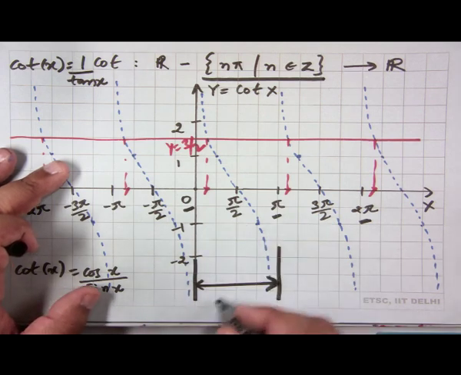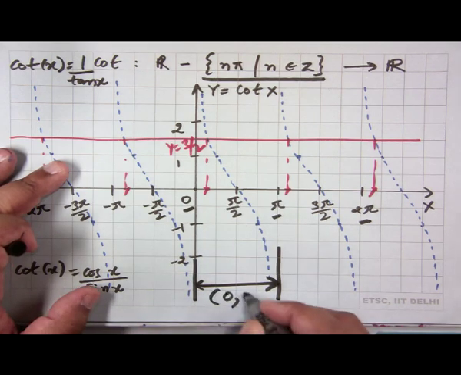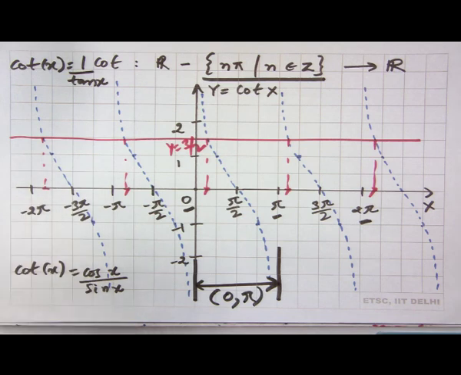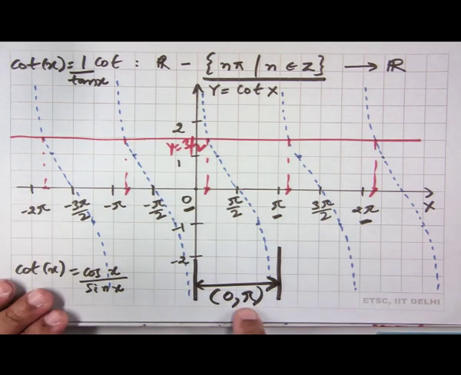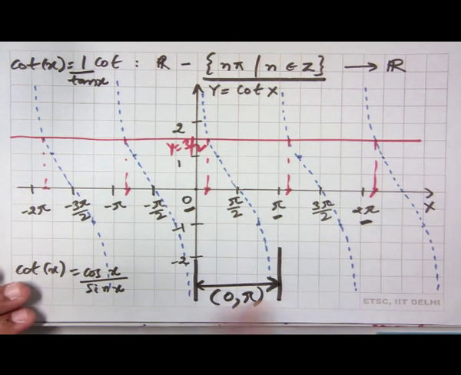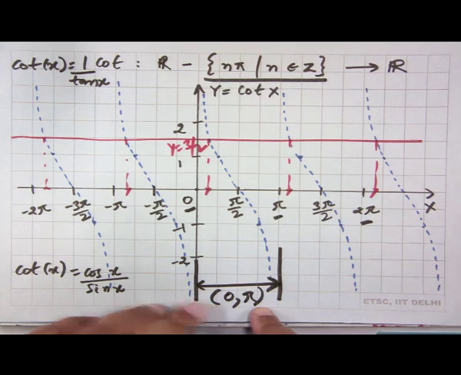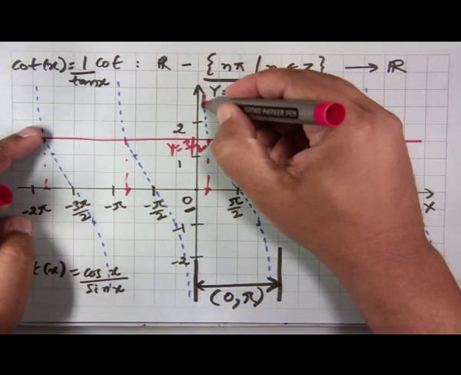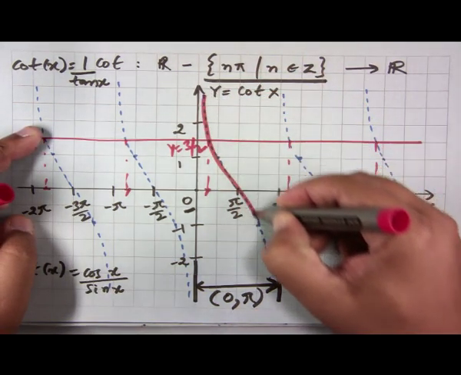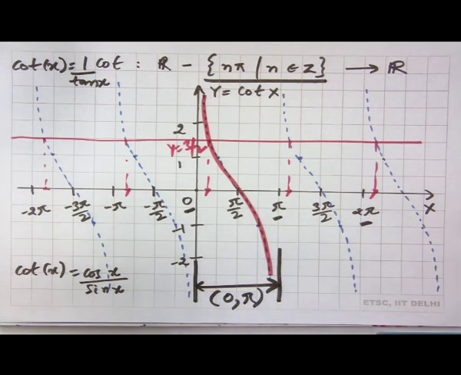So, therefore, we take the open interval between 0 and pi and restrict the domain of the cot function to this open interval. When we restrict it, the curve of the cot function restricted to this open interval 0 to pi now becomes what I am drawing with the solid red curve here.